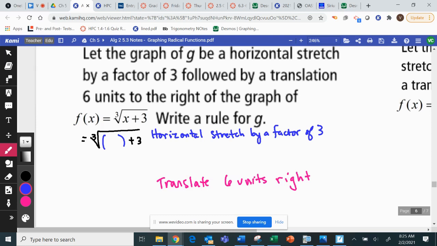Because now you get to do this one directly. You're trying to do it ahead instead of taking the steps. You're going to have to replace the x.